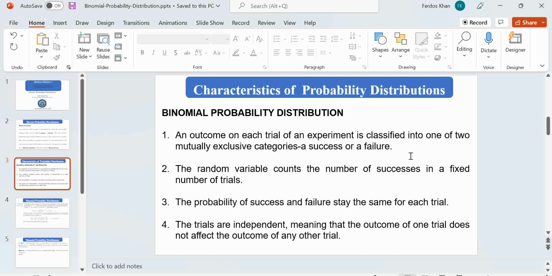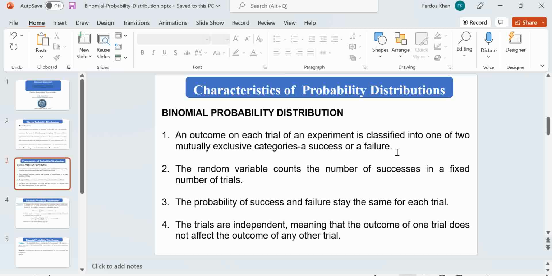An outcome of each trial of an experiment is classified into one of two mutually exclusive categories: a success or a failure. So the first thing you need to see in the data is that there will be two possibilities for each outcome, that may be success, failure, pass, fail, defective, non-defective, or other things.